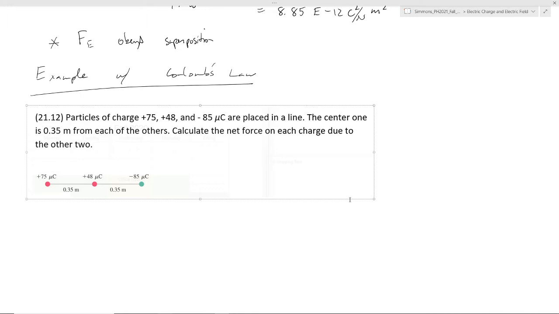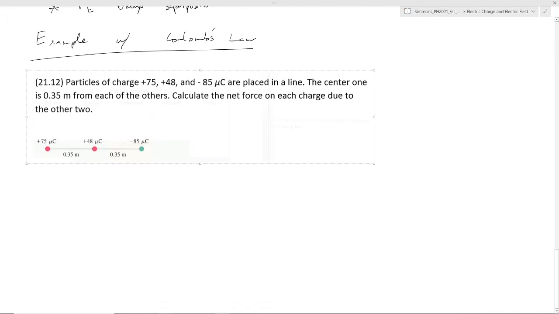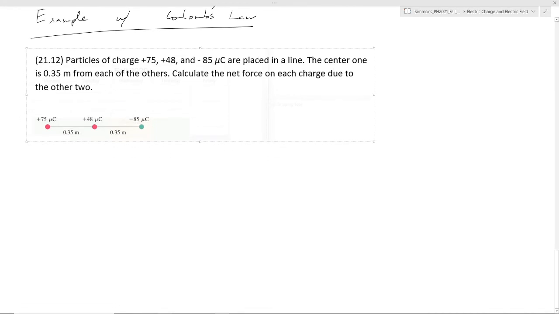And we want to calculate the net force on each charge due to the other two. So this is an application of Coulomb's law. Before we find the net force, let's just calculate the force between two of them, the simple case to get ourselves started, and then we'll do the more complicated situation.